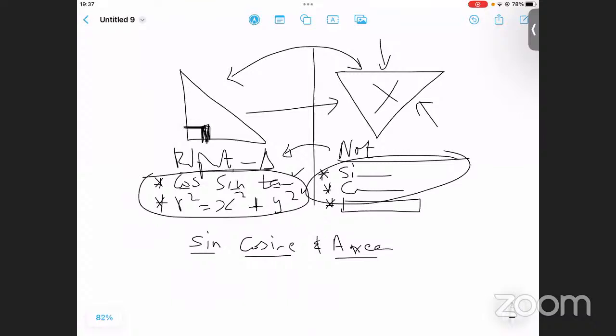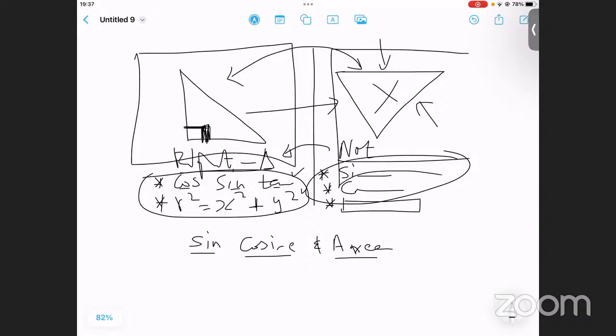That's how they might try to be tricky. In lower grades, they limit their questions based on a right-angled triangle, but at your level, they then include that.